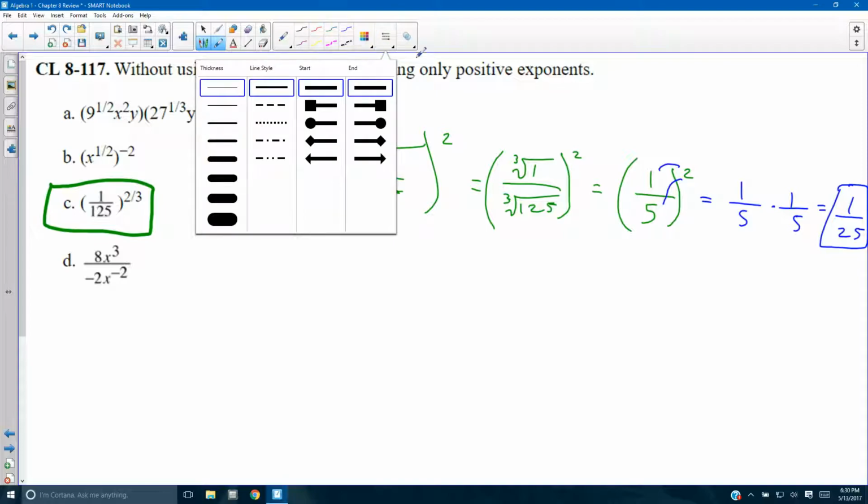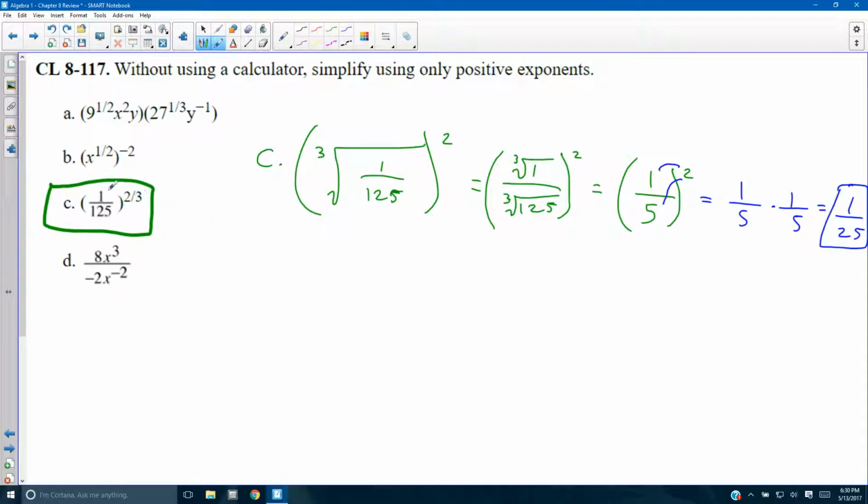A second way of approaching this problem is doing the 2/3 with both terms immediately. And by that I mean taking 125 to the 2/3 power and doing exactly what I just did right here. Take that 2/3 and bring it to both the 1 and the 125. Now notice you'll get to the same place. This is 1 to the 2/3 power divided by 125 to the 2/3 power.